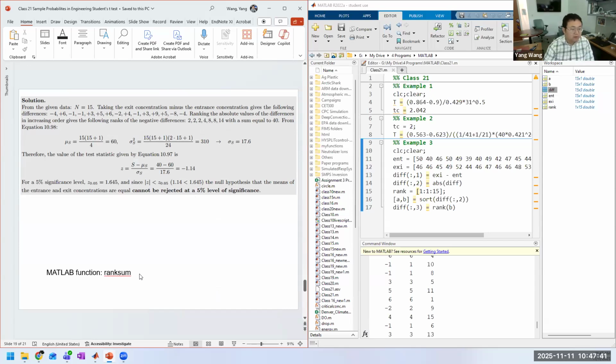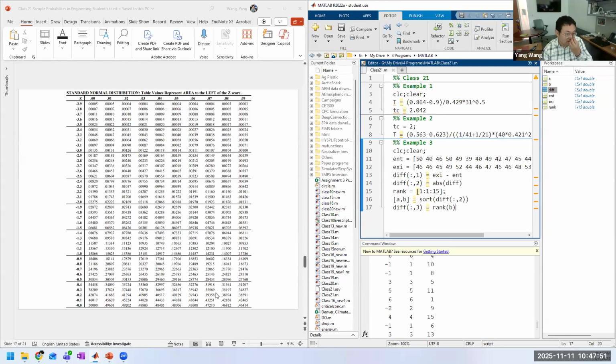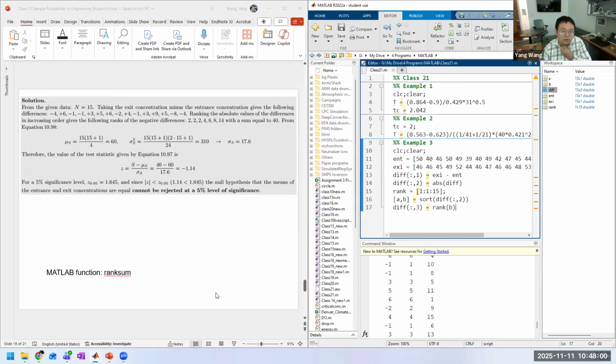In terms of the MATLAB function for the rank sum test, the Wilcoxon rank sum test doesn't have any requirements for the distribution of the data. So that's why it's more convenient when we don't know how the population looks like. You don't have to use a t-test, which assumes the log normal distribution.